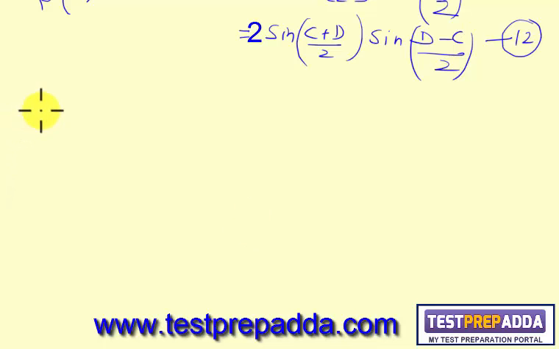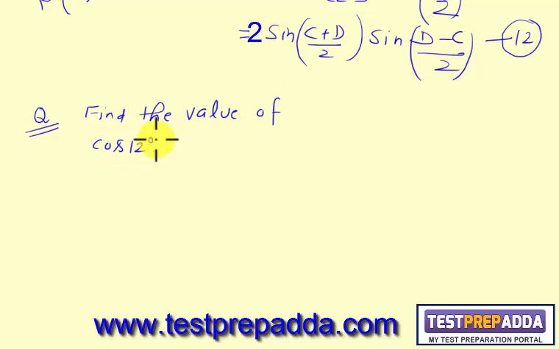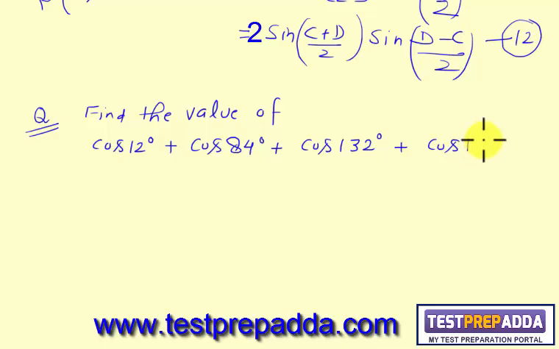For example, the question says find the value of cos 12 plus cos 84 degree plus cos 132 degree plus cos 156 degree. So what we do here, transformation.